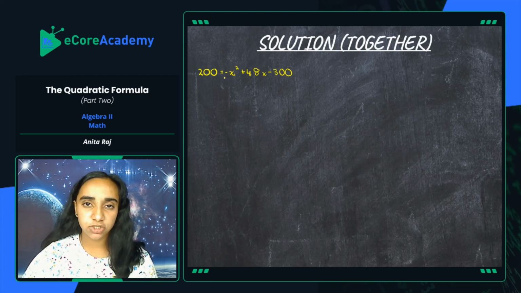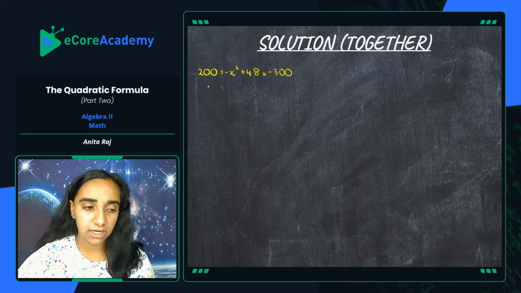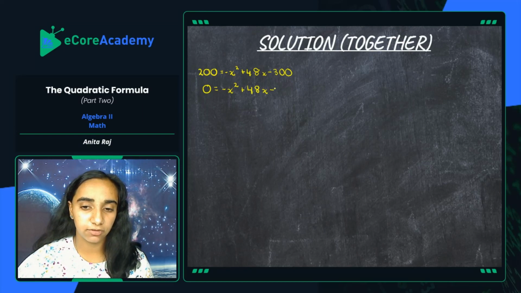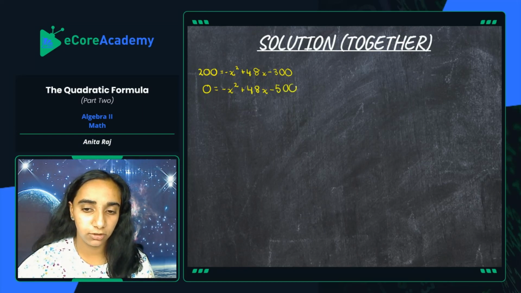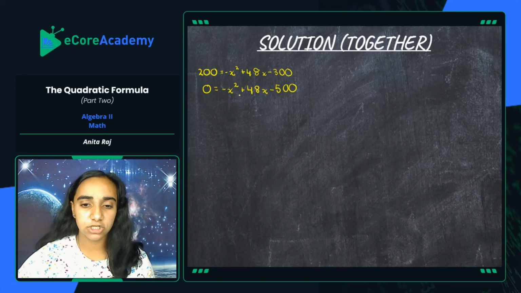You can just subtract 200 from both sides, because 200 minus 200 on the left-hand side of the equation will give you 0. So if we subtract 200 from both sides, we get 0 equals negative x squared plus 48x. And then we get this negative 300, and if we subtract 200, we get negative 500. So this is the quadratic equation we are going to be using and plugging into the quadratic formula.